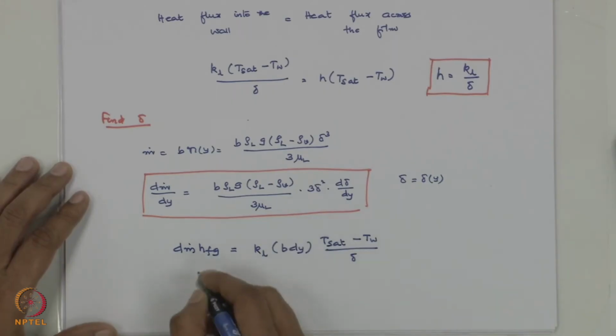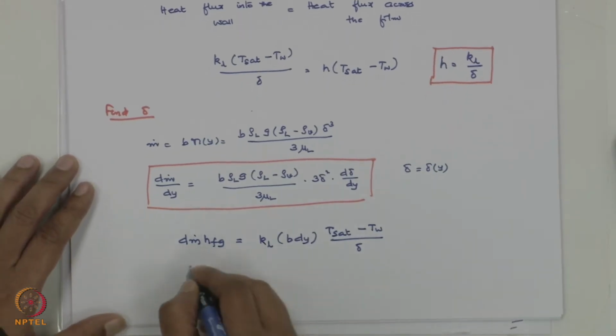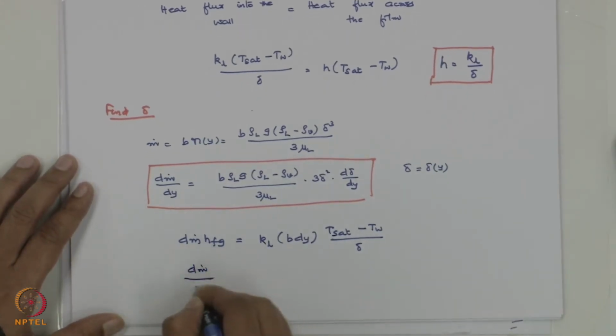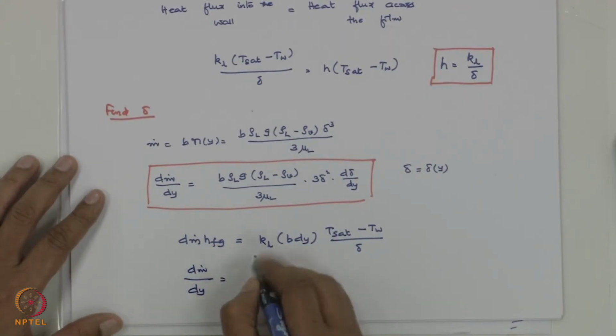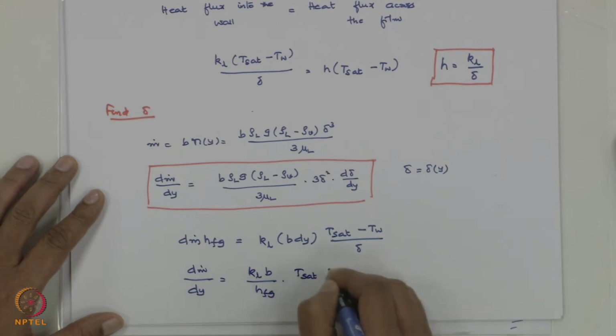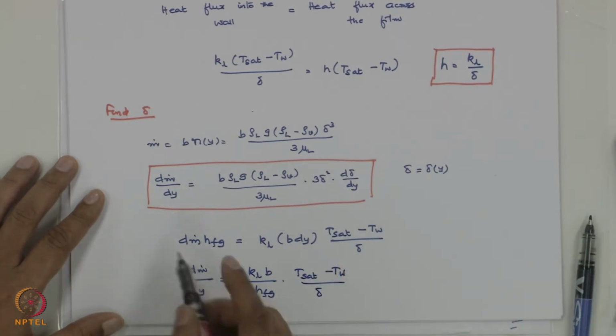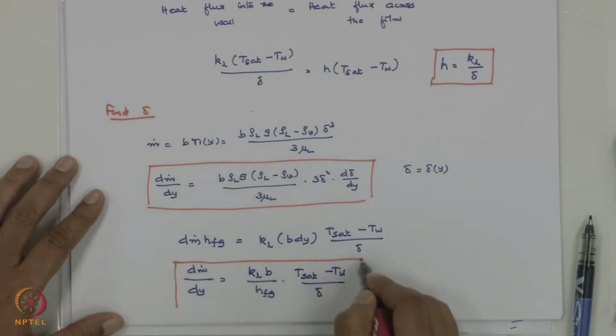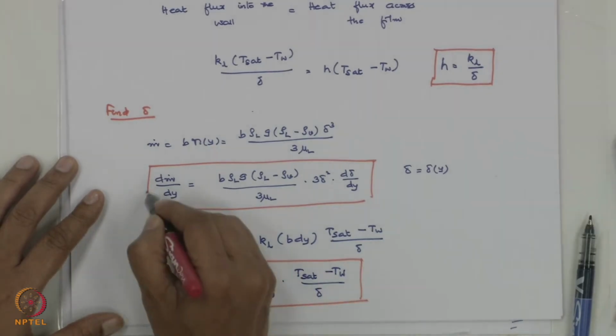So you have dm dot divided by dy equal to K L b upon h fg into (T sat minus T wall) by delta. So this is also one more equation for dm dot by dy.